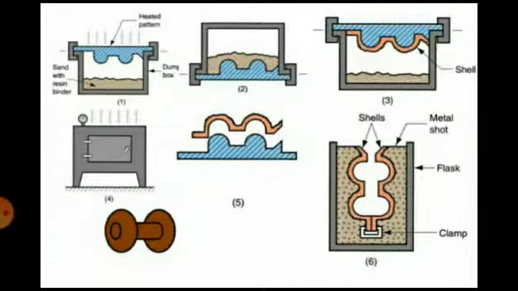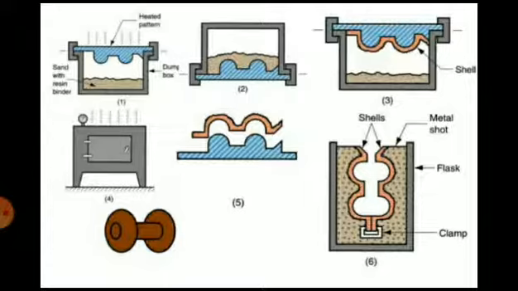Now we will take another example. The first step is sand resin in a dump box. You can see diagram 1. There is a pattern, heated in an oven and placed over the dump box, in which the sand and resin mixture is poured.